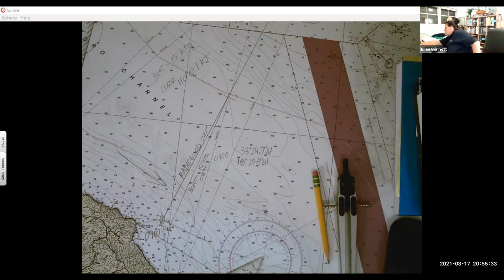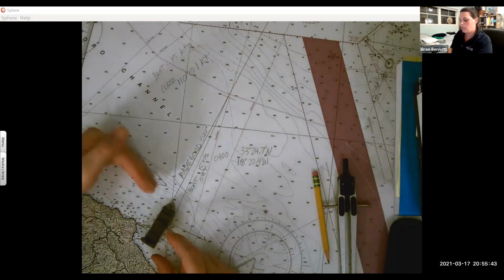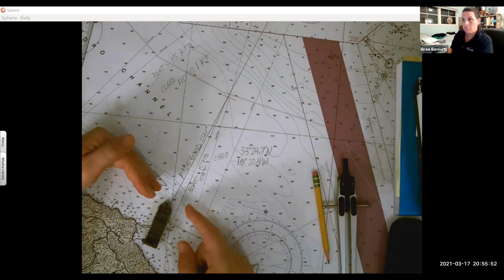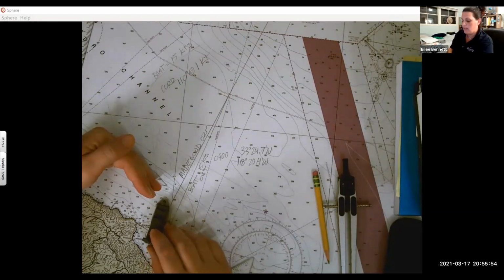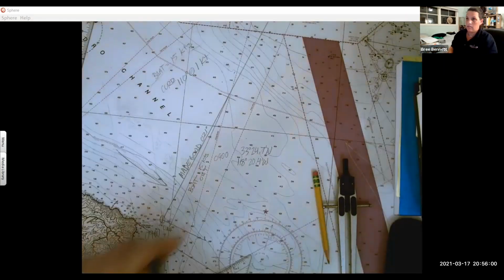Okay. So I would be wanting to make this good, 0 to 1. The current is pushing me this way, so I'm steering into it at 018. Just 3 degrees, not much, but that's going to be the course to steer so I can make good this line.